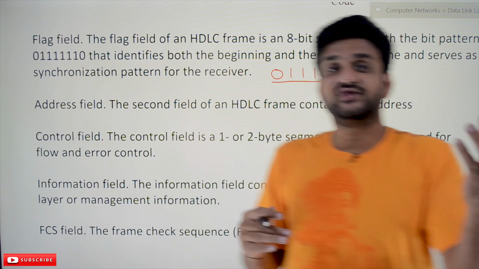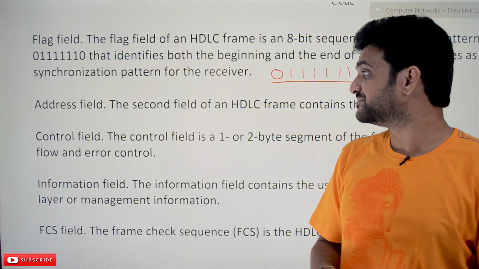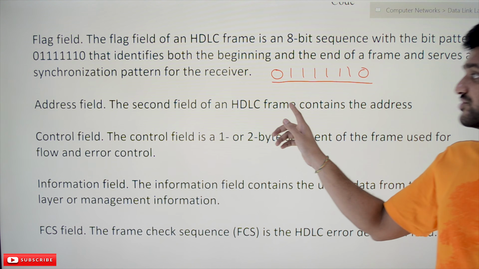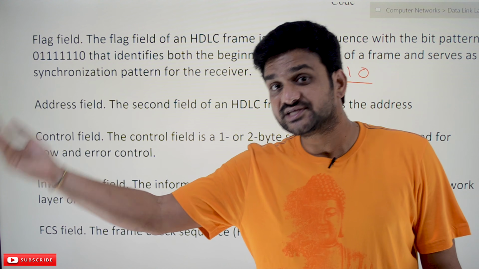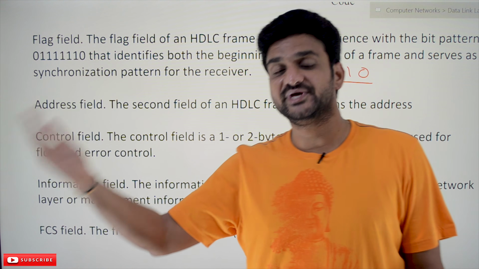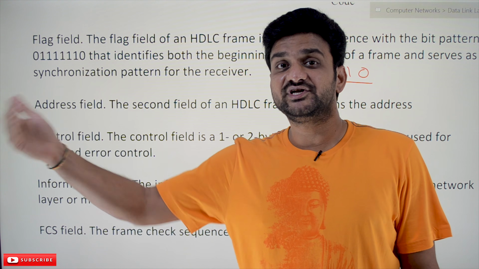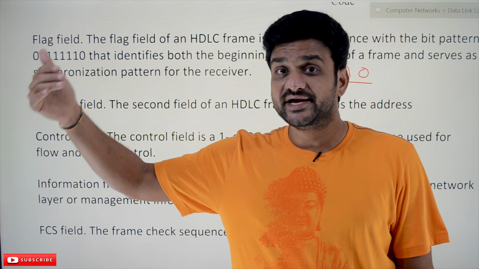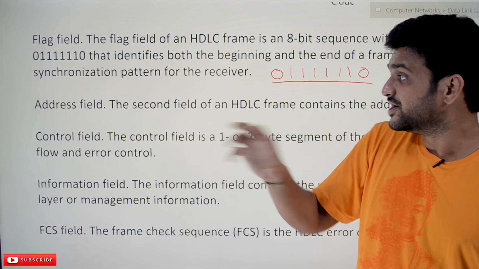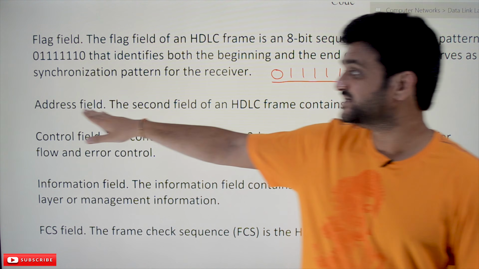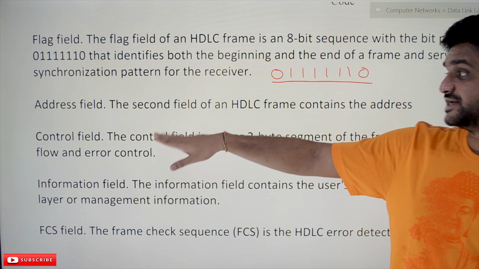If the system is a primary system, the address field is going to contain the to address, to which system the data is being transmitted. If it is a secondary system, the address field is going to have the from address. So that is the use of the address field in the HDLC frame format.